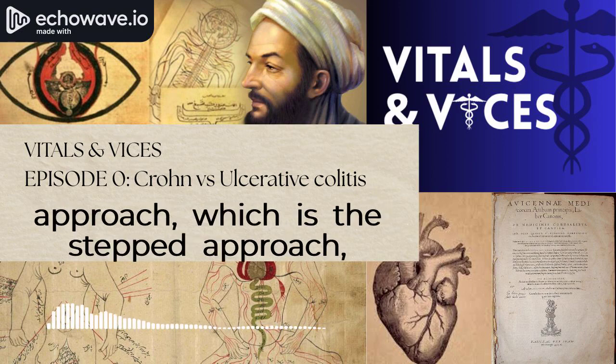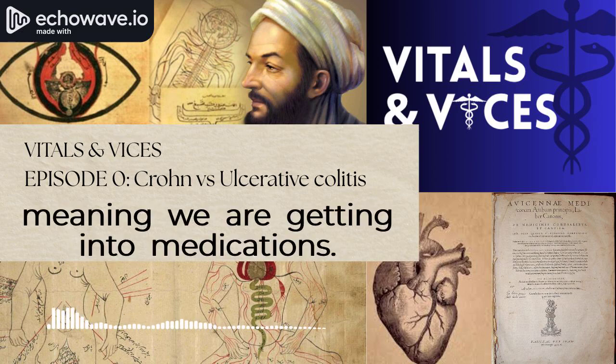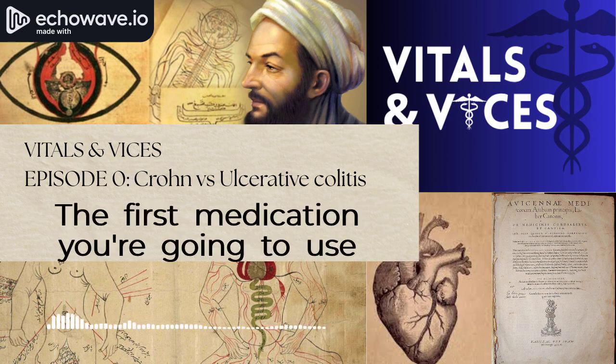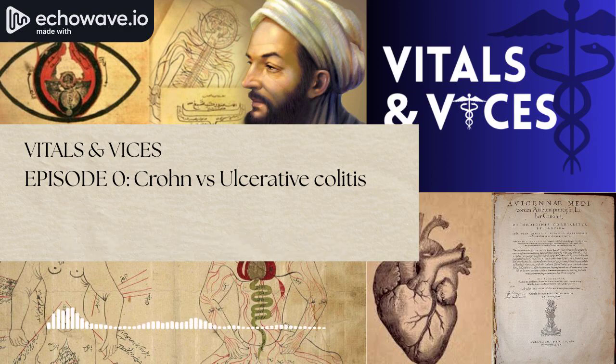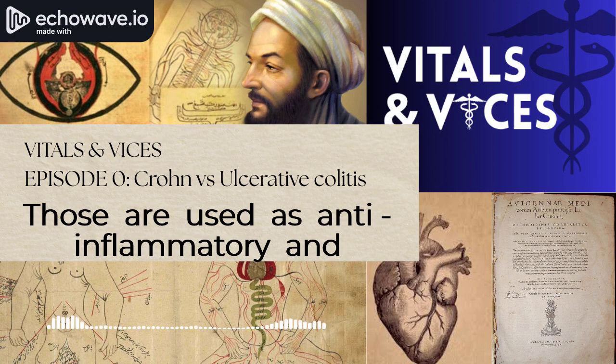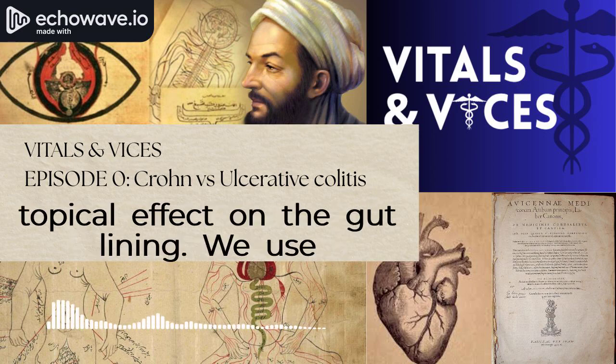Now, the second approach, which is the stepped approach, meaning we are getting into medications. The first medication you're going to use is aminosalicylates, like mesalamine. Those are used as anti-inflammatory and have a topical effect on the gut lining.